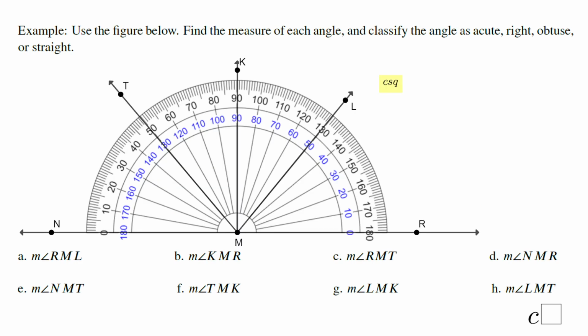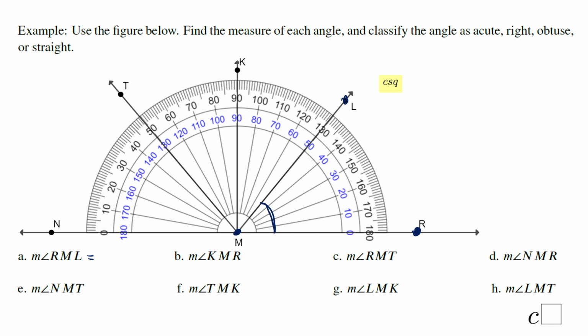In my second example, you see what I said, the protractor. So we're going to use this protractor you see here to measure angles, and we're going to start with this first one, angle RML. I'm going to do the same thing. I'm going to mark the points R, M, L. That tells me we have this angle.